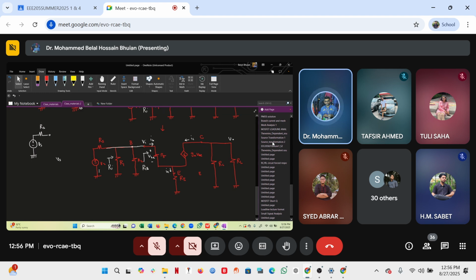Now we are in a position to analyze the entire amplifier only for small signal. So first thing, we have to determine VI. How to determine VI?